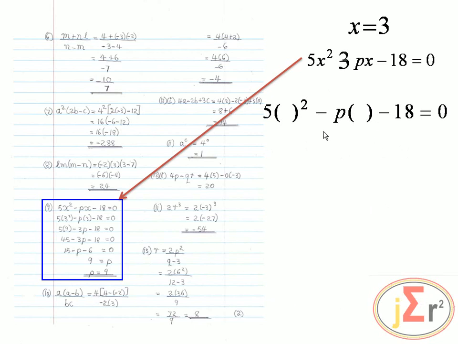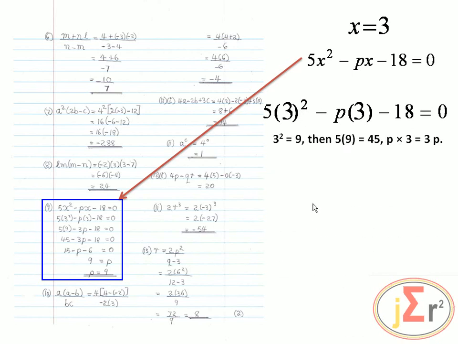Where we see x, 3 is there and 3 is there, maintaining that the expression is equal to 0. That is what it means when we say that 3 is a root of the equation. If we substitute 3 for the otherwise unknown, then the result will still be equal to 0.